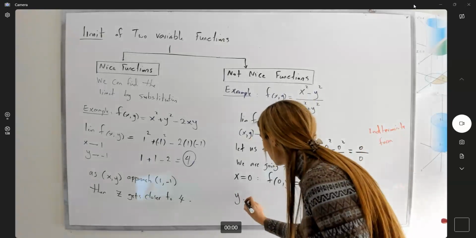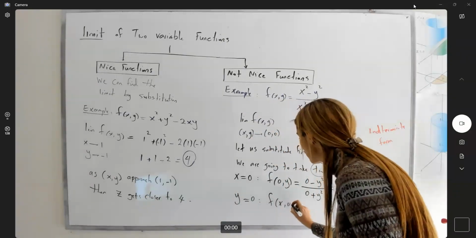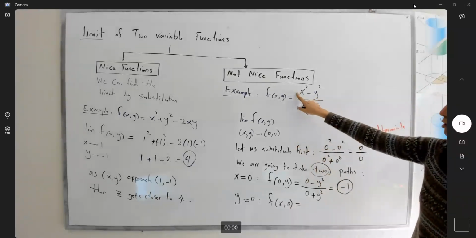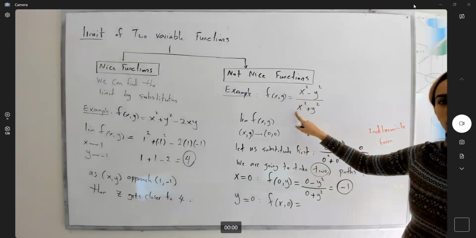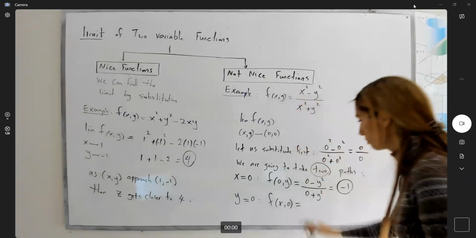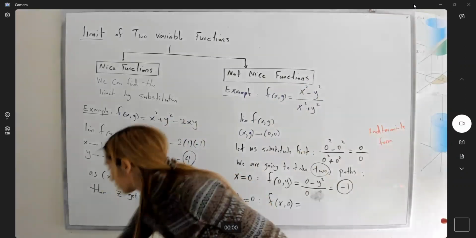The second path, I'm going to set y equal to 0. When y is equal to 0, my f of x and 0 is equal to, here your y is 0, so x squared divided by x squared is going to be just 1.